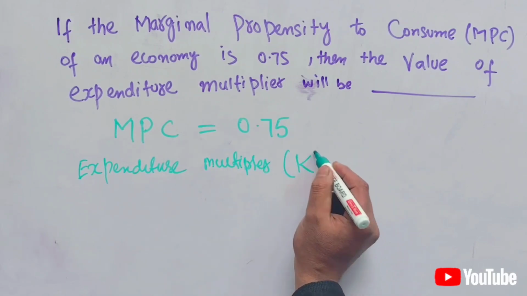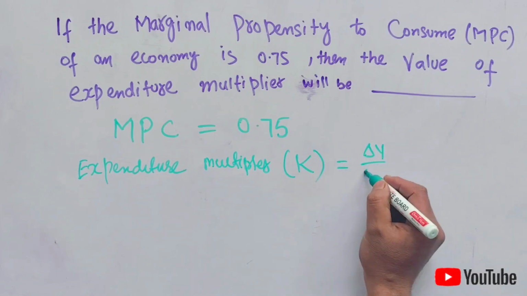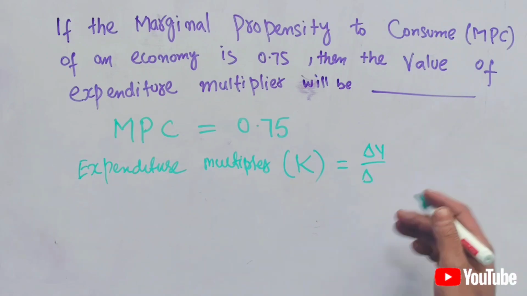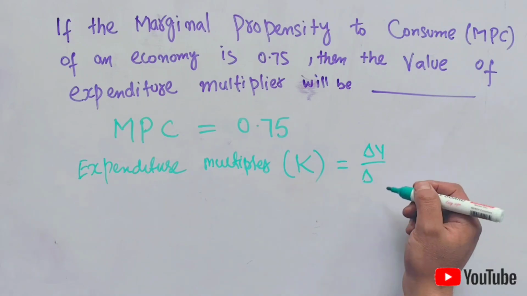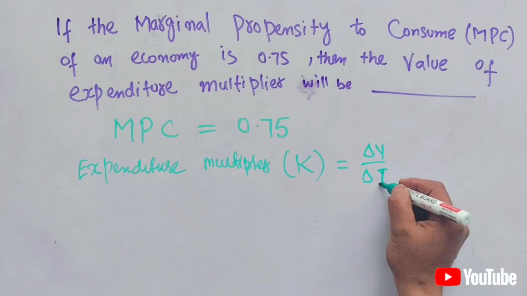Let us denote it by K. It is equal to the change in the output due to the change in the exogenous or autonomous variable, in this case let us say the investment.